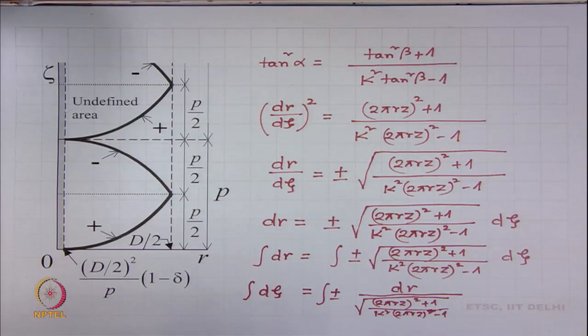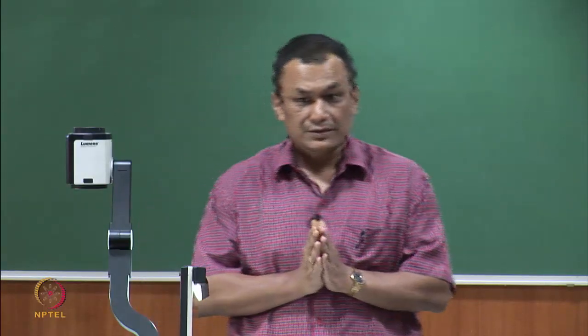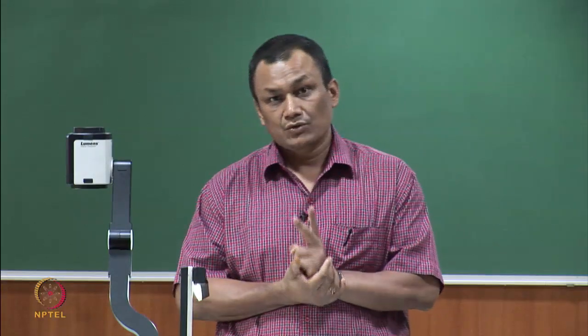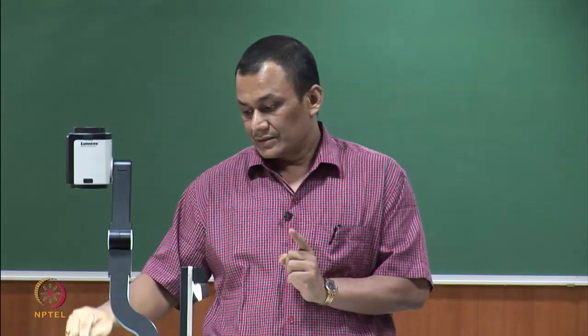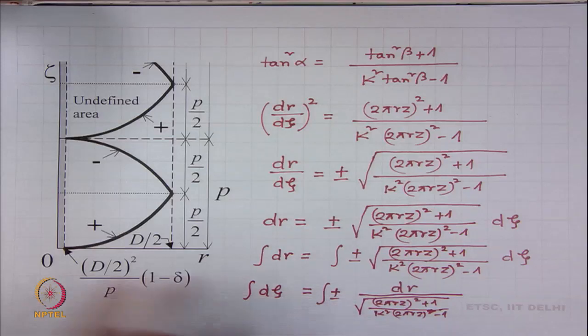So, the fundamental expression of radial fiber migration as per Taylor's model has two problems. One, it is not possible to obtain the fiber path of a migrating fiber analytically. Second, the fiber path is also not defined at a too small radius.